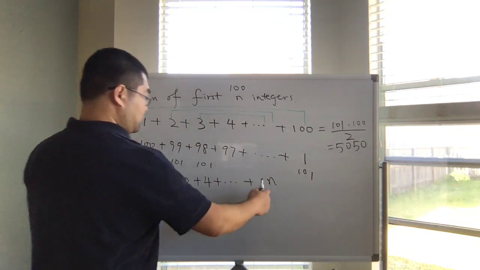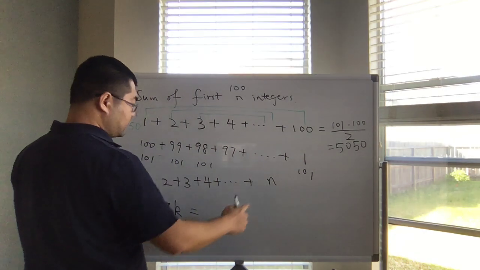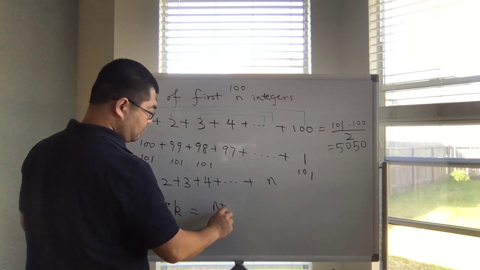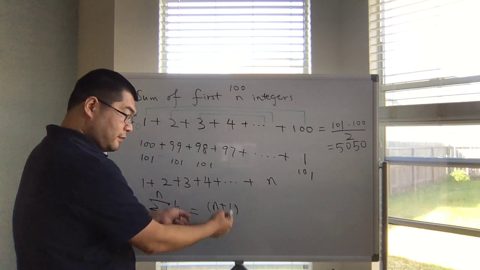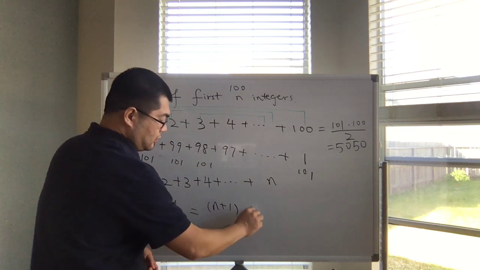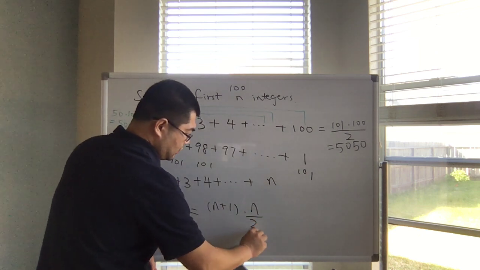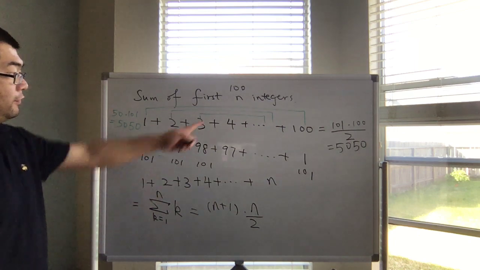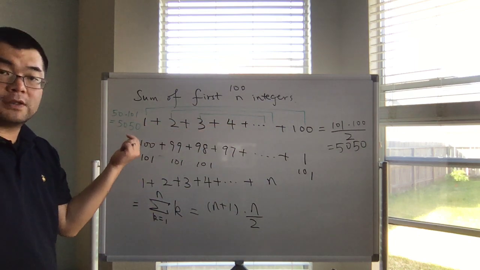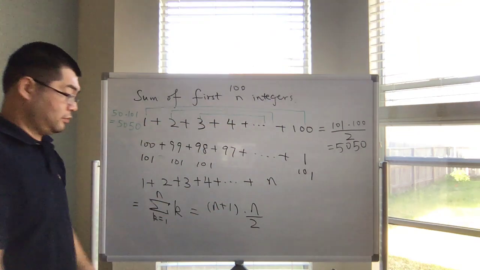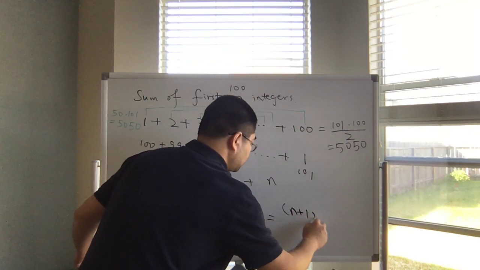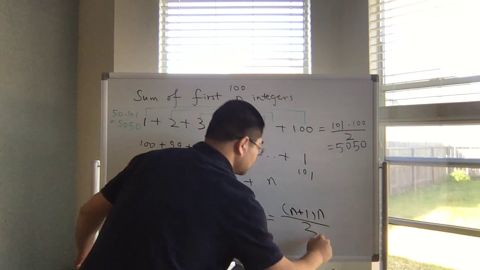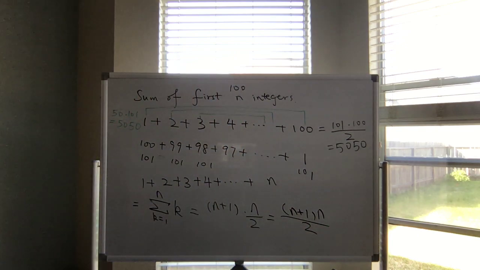So it's the sum of the first and last one, which is n plus 1. And how many pairs of this summation do I have? It's n over 2, right? Before it was 100 divided by 2, 50. Right now it becomes n over 2. And so this is one of the formulas, okay?